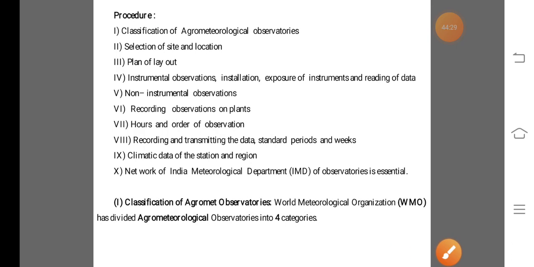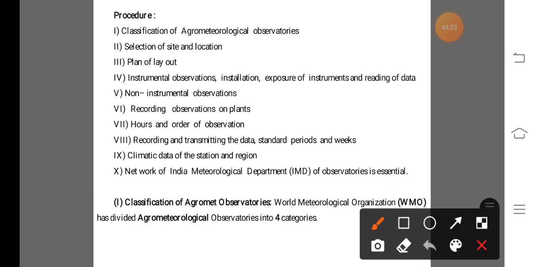So these are the different instruments used for the measurement of weather parameters, and these weather parameters affect crop growth and development. Now we see the next point, the procedure for installation of Agromet observatory.